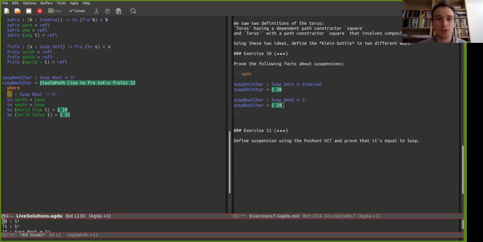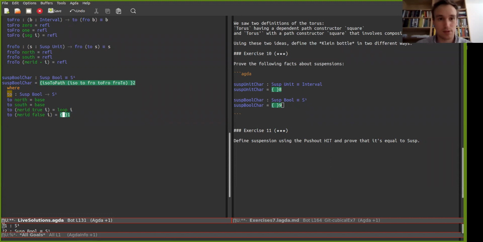So we want to send one to loop and the other one to refl, which at point i will just be base. Okay. This is the standard choice. So far, everyone on the same page?